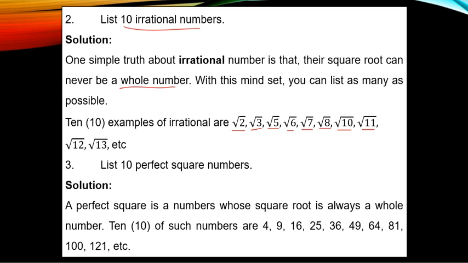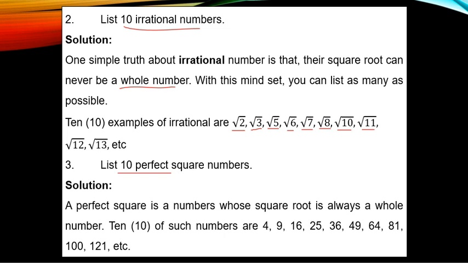Solution to number 3, list 10 perfect square numbers. So number 3 is like the reverse of number 2. A perfect square is a number whose square root is always a whole number. If you take the square root of a perfect square anywhere, anytime, you will always get a whole number.